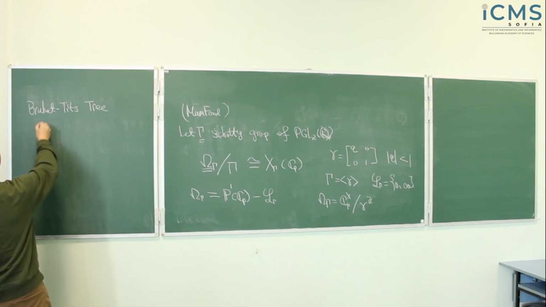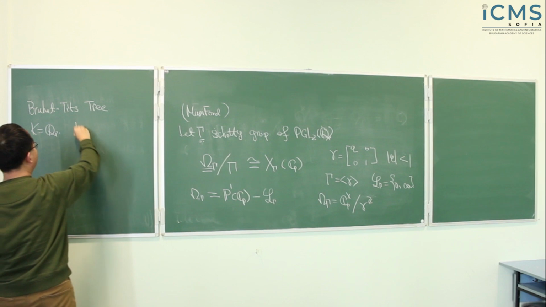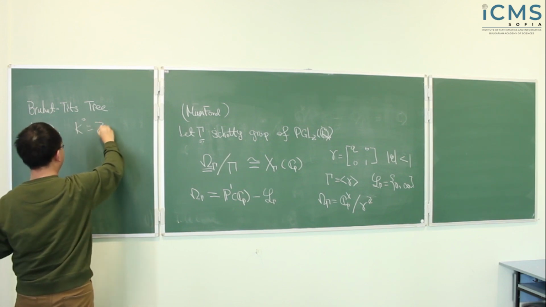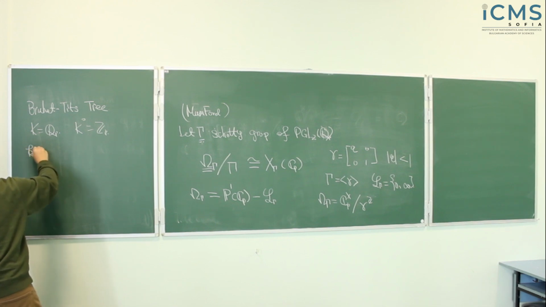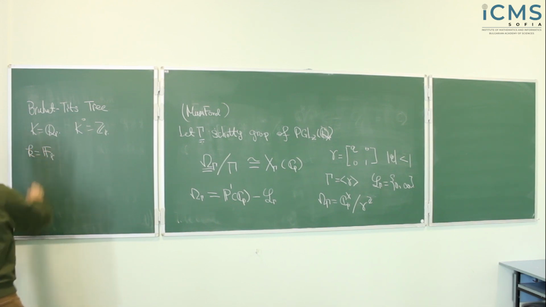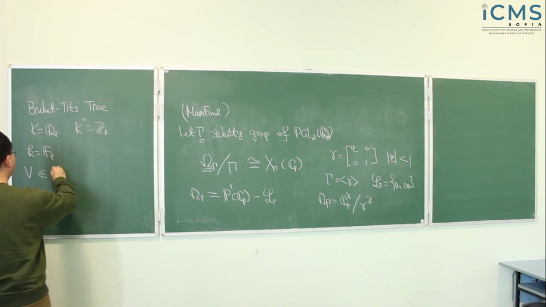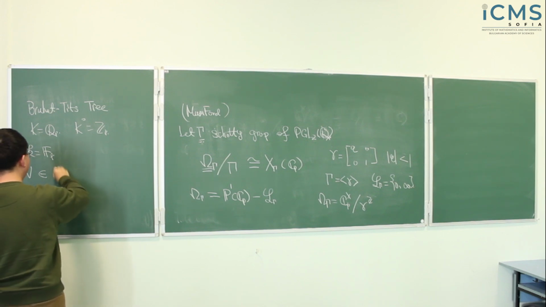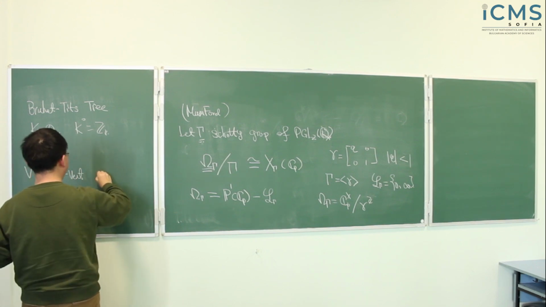That is, we consider K with Q_p and the associated ring Z_p, and the related field should be the simplest. So here V is a Q_p vector space with a dimension.